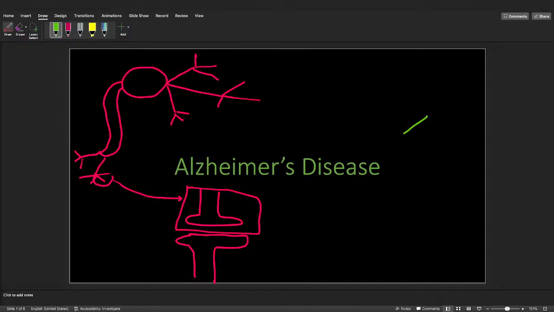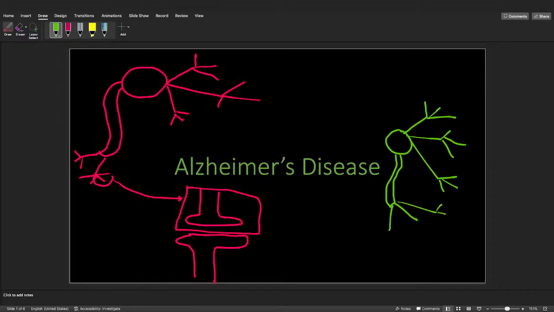If we have another neuron, this is the soma again. And then you have this axon terminal flowing here, and then you have the axon and then the axon terminal. But what's this part here? This part is actually the receiving end.